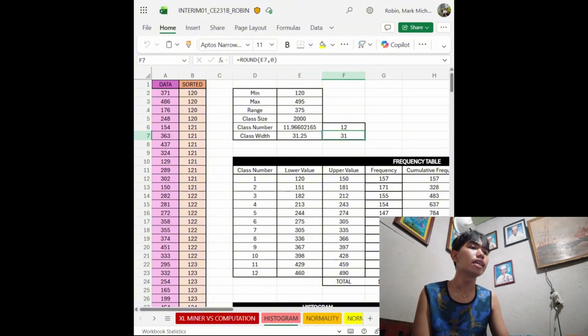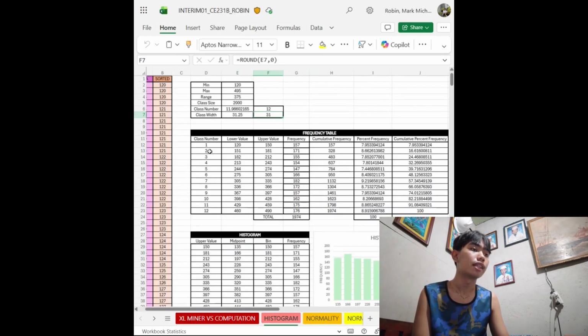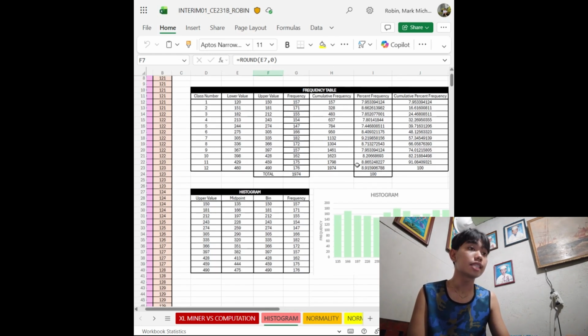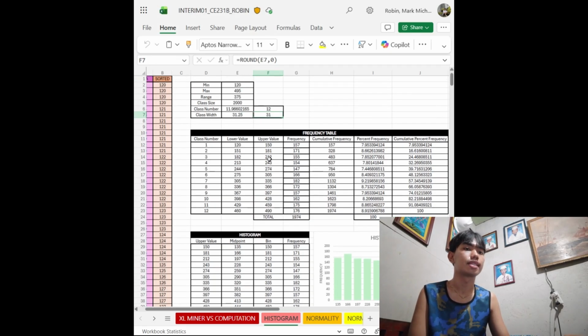Using the frequency array formula, I counted how many data points fell into each interval. So if you can take a look at this, we have the class number, lower value, upper value, frequency, cumulative frequency, percent frequency, and cumulative percent frequency.